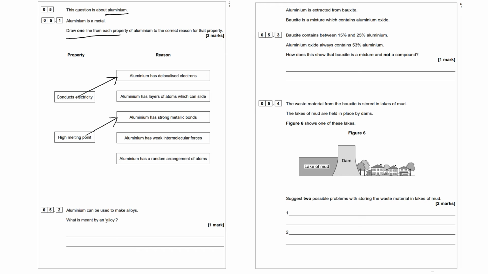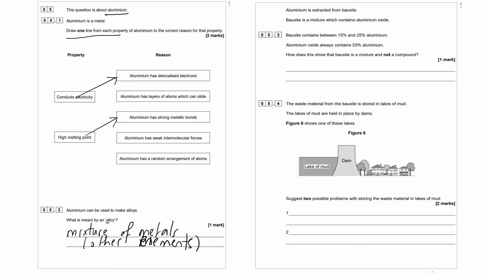The word alloy means it's a mixture of metals. Or you could just say it's a mixture of metals with other elements. Either answer should be acceptable.